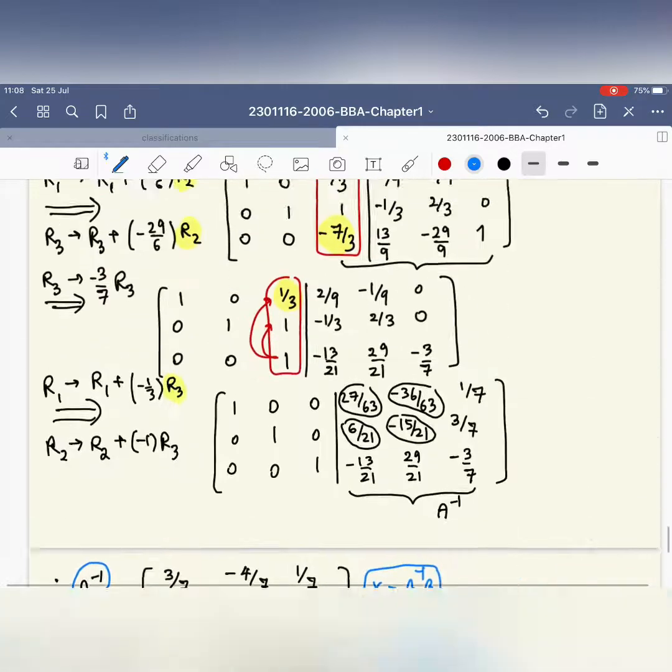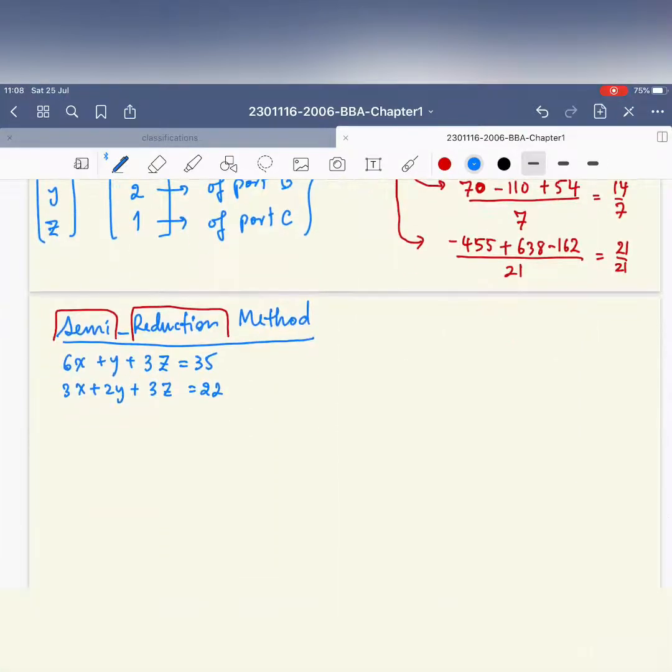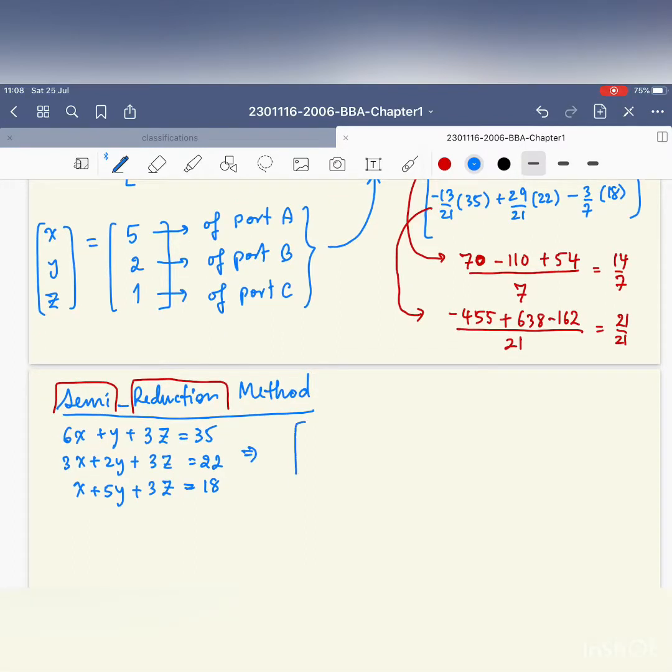This is the same old problem that we just did, and x, 5y, 3z equals 18. And of course, like previously, here's your A, the coefficient matrix. Here's your variable matrix again. There is your constant matrix on the right hand side.